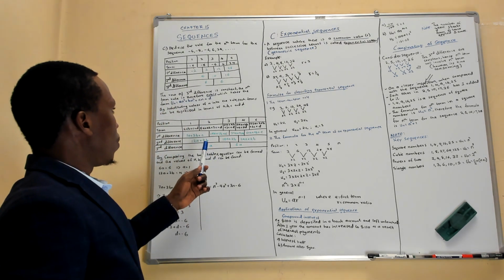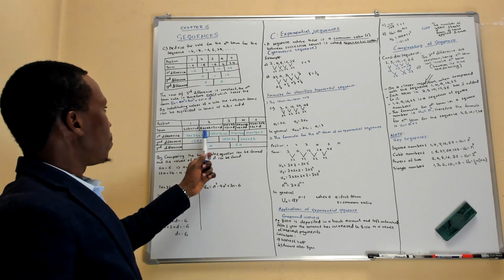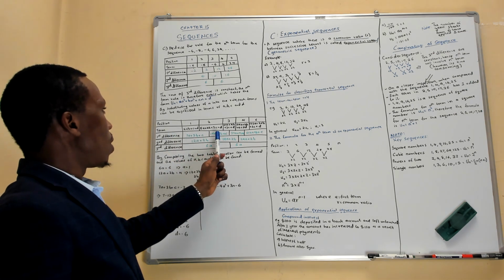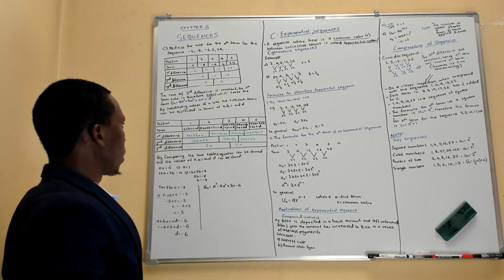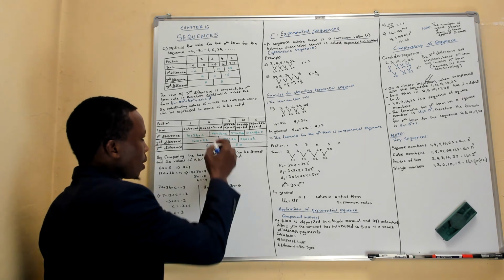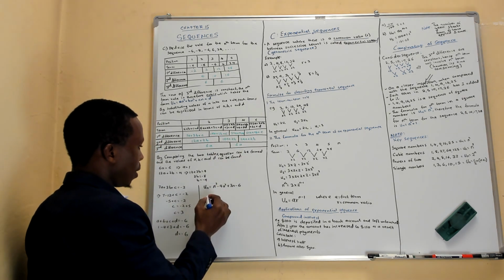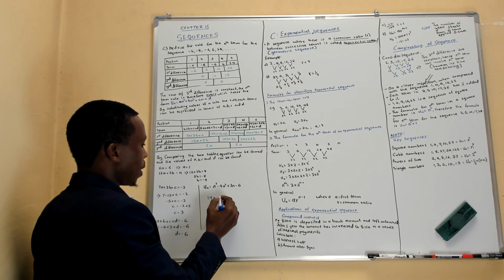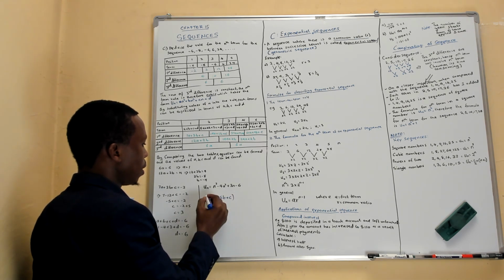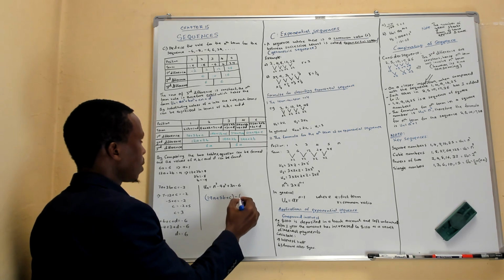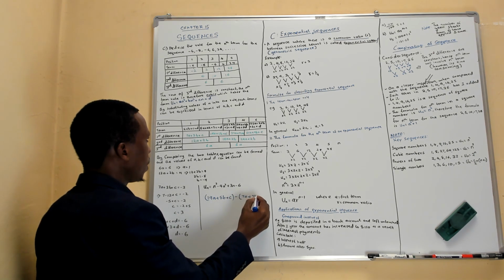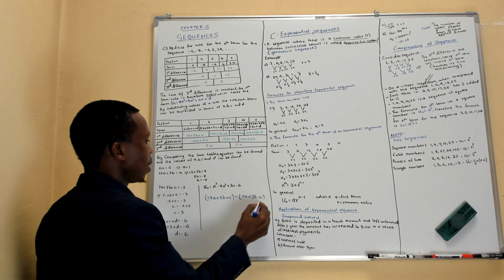If I take the difference on the first difference, I subtract the second term from the third: 19a plus 5b plus c, minus 7a plus 3b plus c.